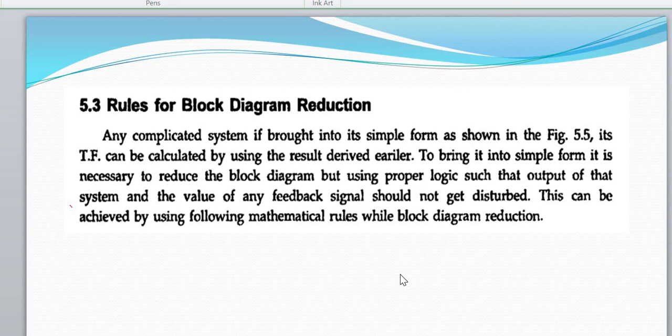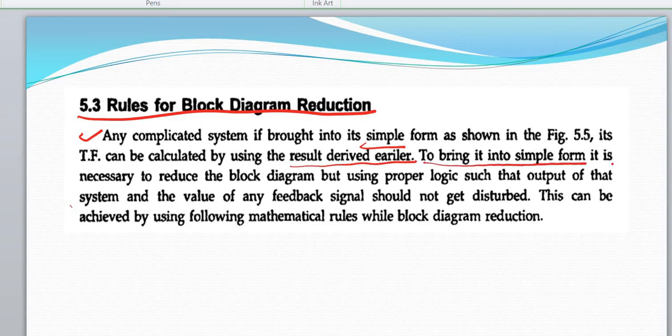Okay. So now the block diagram which has many blocks has to be reduced to the canonical form. For that we use some rules which are called block diagram reduction rules. Any complicated system, if brought into simple form or canonical form, its transfer function can be calculated by using the result derived earlier.